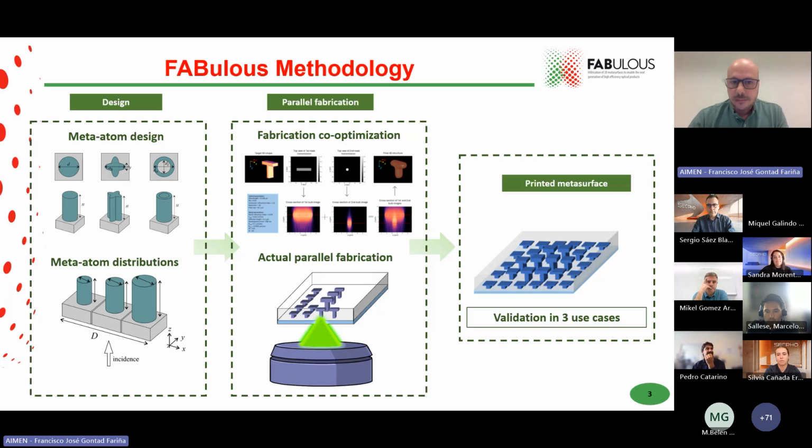And then working on the manufacturing from a simulation point of view, simulating the process to enhance how we use light to improve both the productivity and the resolution of the metal surfaces that we are fabricating, with the final goal of fabricating 3D metal surfaces that could be demonstrated in these 3 use cases.